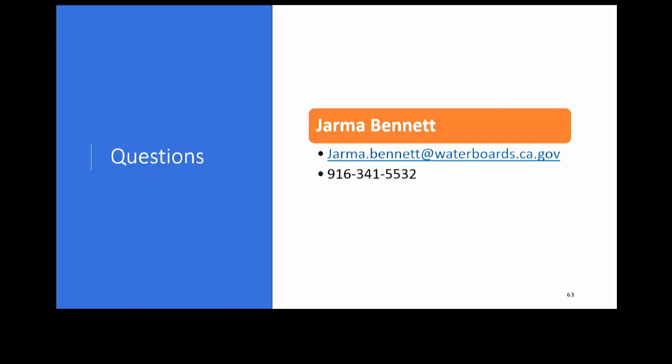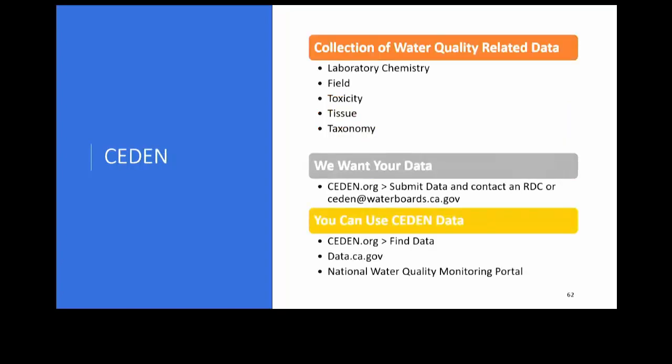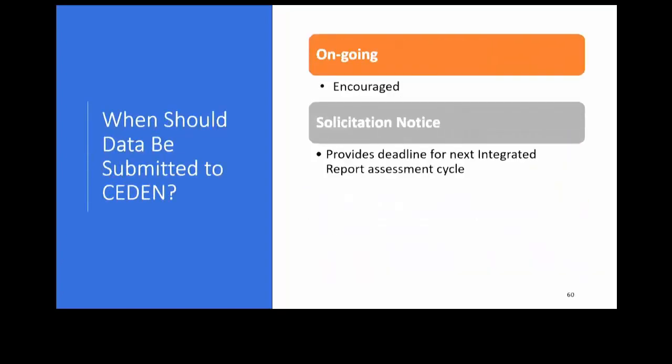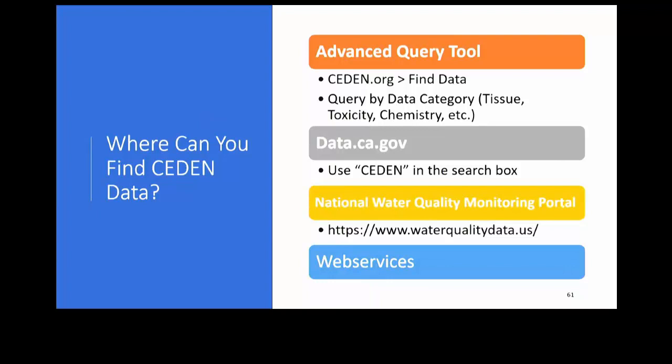I don't think we're going to talk about that this afternoon, but what I would suggest is the advanced query tool. It allows you to search by a variety of different things, but one would be program.